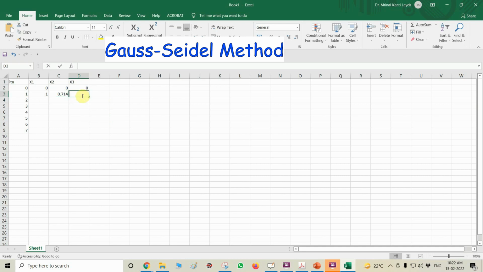The x3 value will be equal to 1.333 minus 0.222, and now we have the value of x1, so it will be the updated value, minus 0.111 star the x2 value, this one.